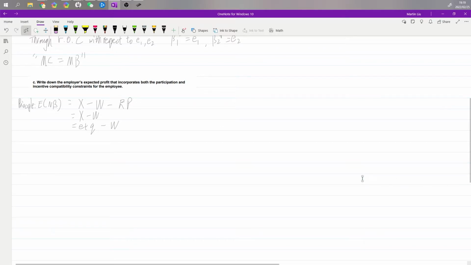And by solving everything, you should be able to find out that the optimal levels of beta 1 and beta 2, that's beta 1 star and beta 2 star, are equal to 2/5.